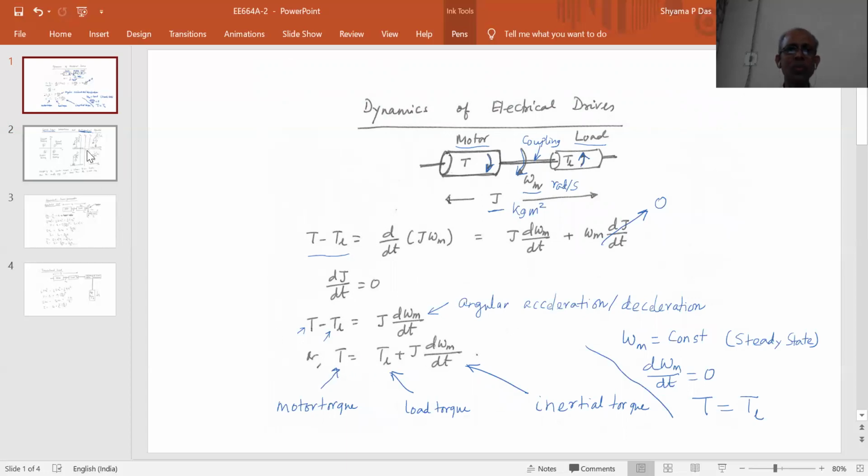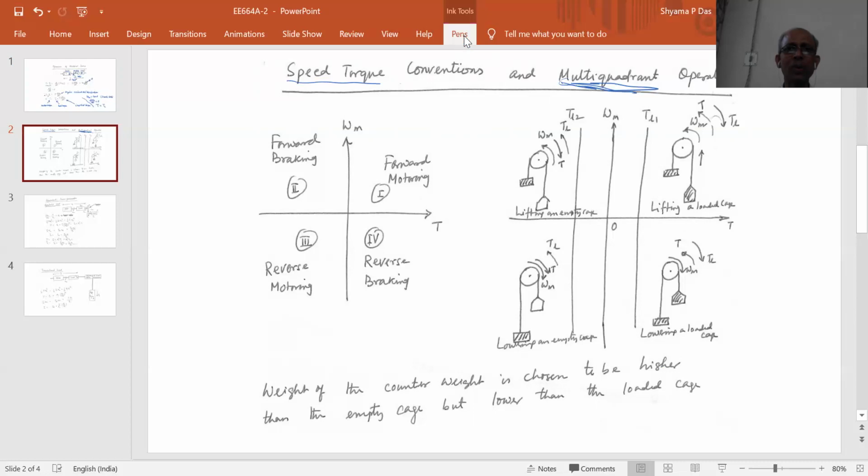One is the speed, and we take the speed on the y-axis, and we take the torque on the x-axis. Which means speed is the dependent variable and torque is the independent variable. And here is the origin, because we are plotting in the xy plane.